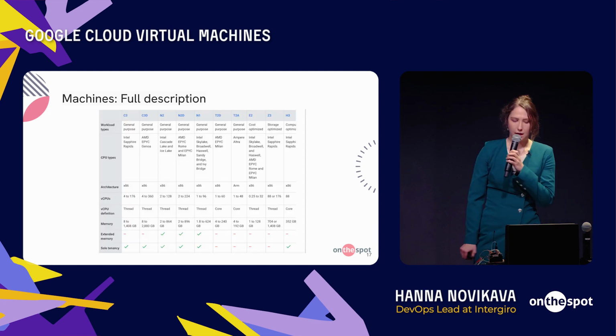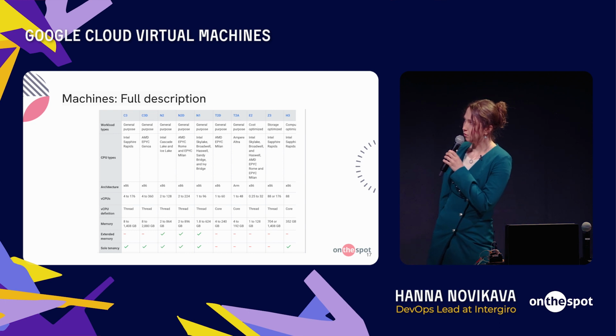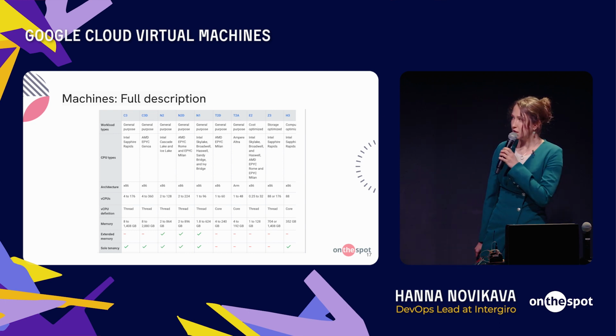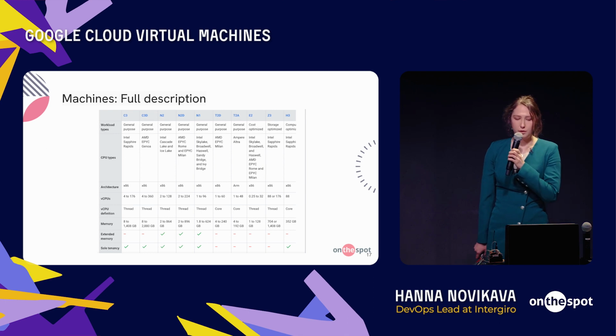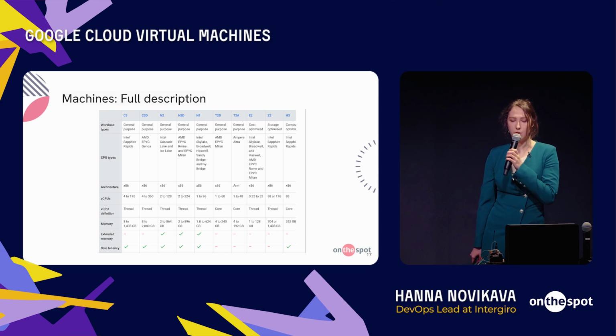Now we can see some types of virtual machines and their descriptions. But first of all, we should talk about what CPU means here. A CPU platform often offers multiple physical processors, and each of these processors is referred to as a core.